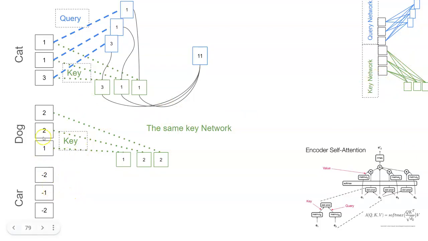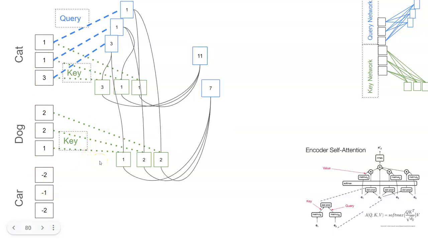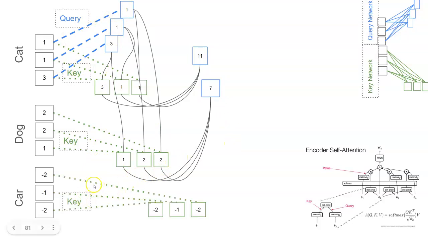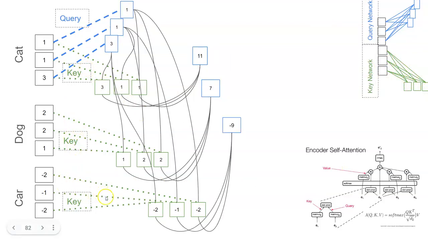If we have 100 words, we're going to use the same network 100 times to find the key. And then we do the same. Query goes in, and then you already know that. And the key vector here is again using the same network. So we have used this network 3 times now.